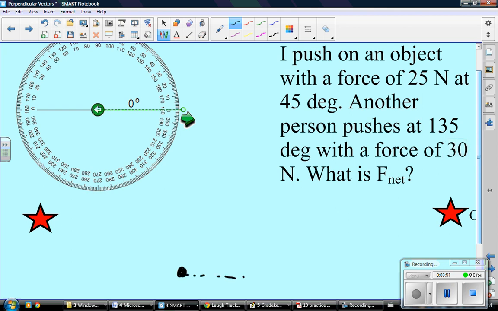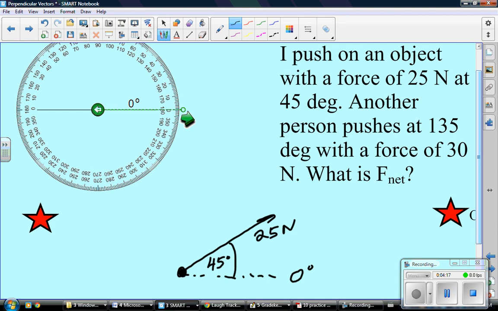Now I have to have my 0 degrees in there. And we have to go off at about a 45-degree angle. Now again, it doesn't have to be perfect. It doesn't have to be drawn to scale. So that's 45 degrees, and we've got 25 newtons.